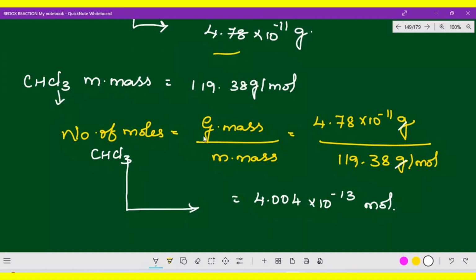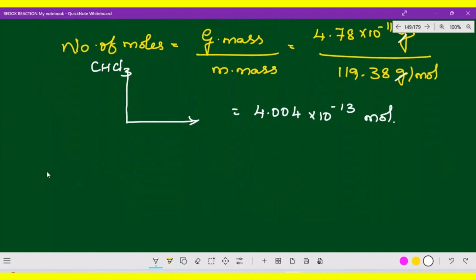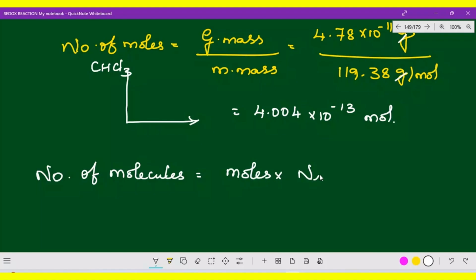Now, number of molecules. So after number of moles, the next step is number of molecules. Already I mentioned, the Avogadro number, Na, is involved.